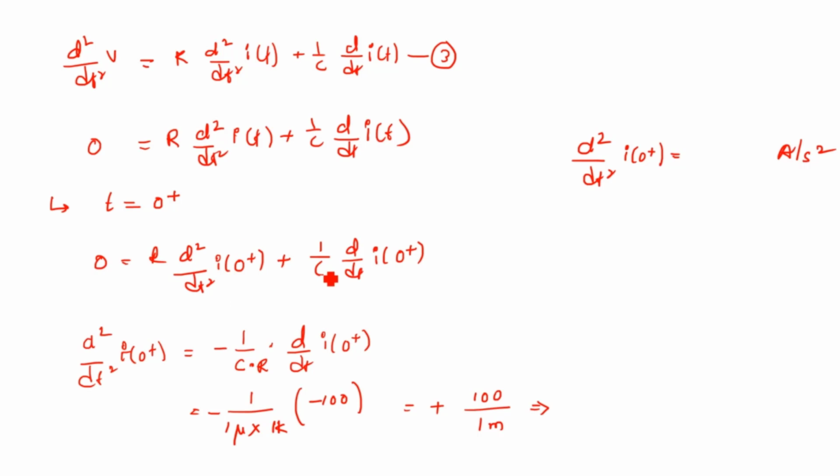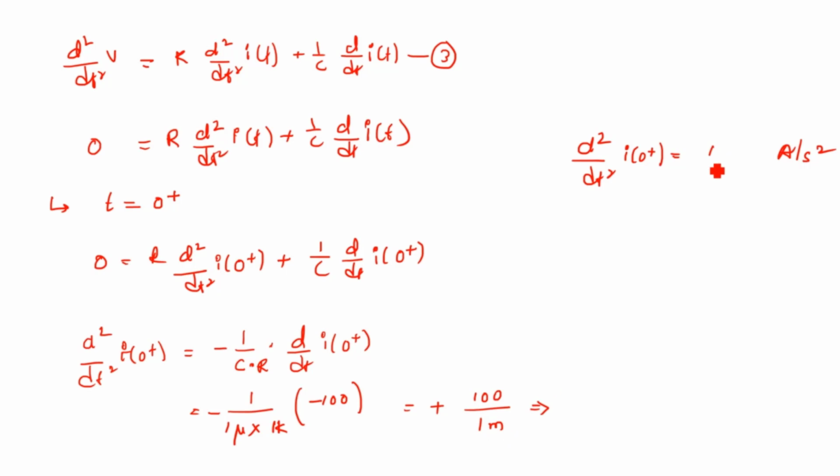Move it to the right side, so minus 1 by C, and this R should be multiplied here. It is calculated already: minus 100 divided by 1, C is 1 microfarad, R is 1k. So minus into minus is plus, 100 divided by 1 milli here.